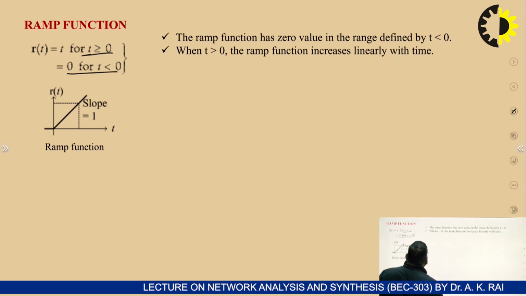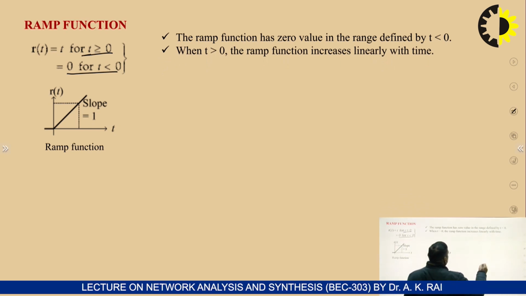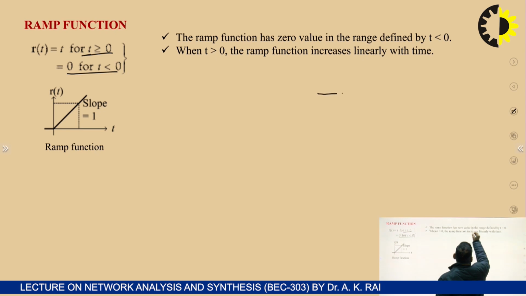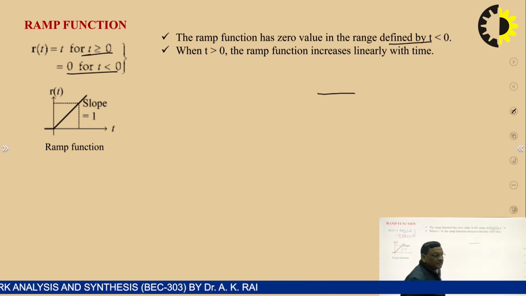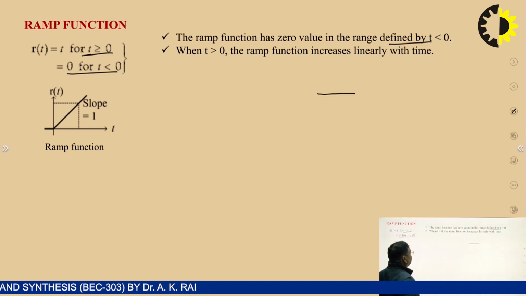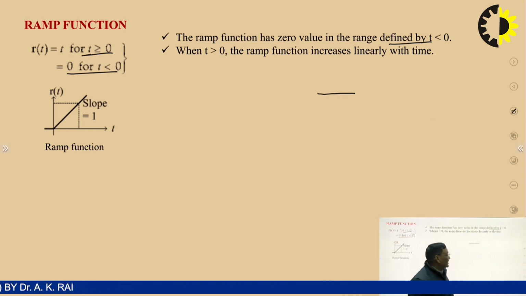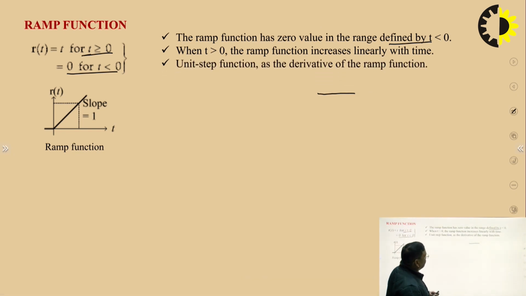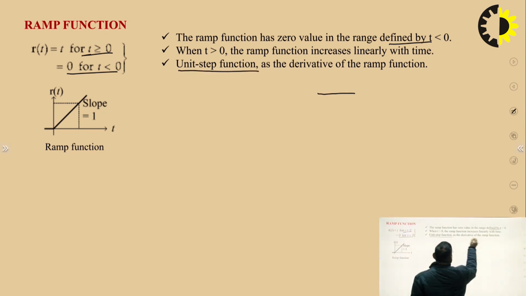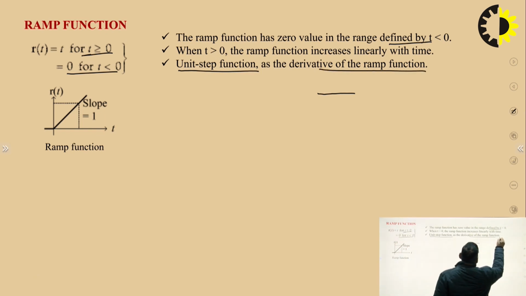So what we conclude: the ramp function has 0 value in the range t less than 0. When t is greater than 0, the ramp function increases linearly with time. The unit step function is the derivative of the ramp function. So this is the relationship between the unit step function and the ramp function.